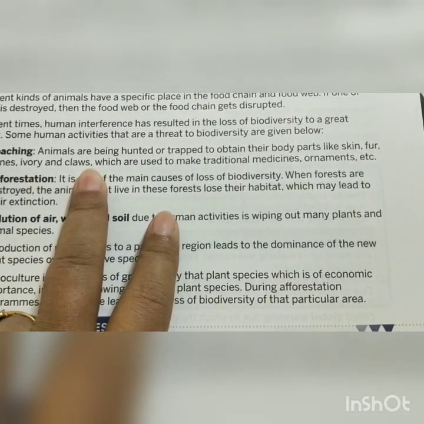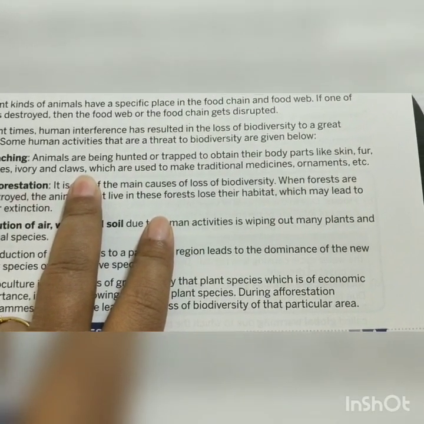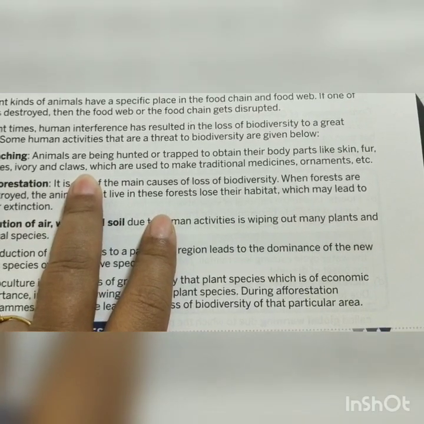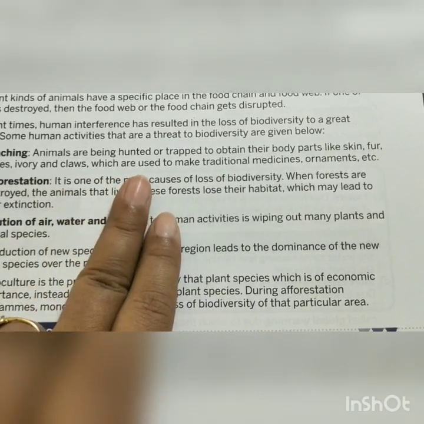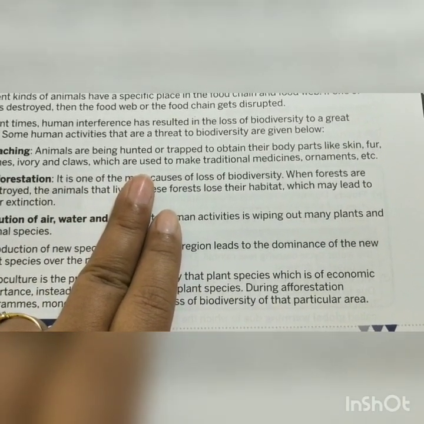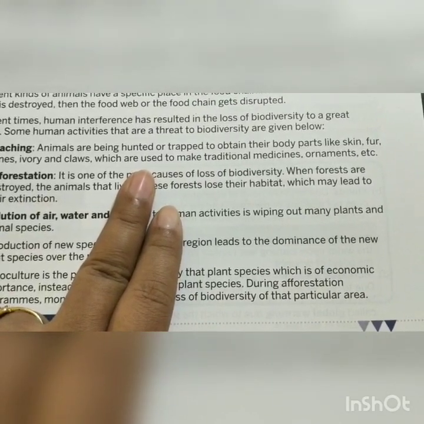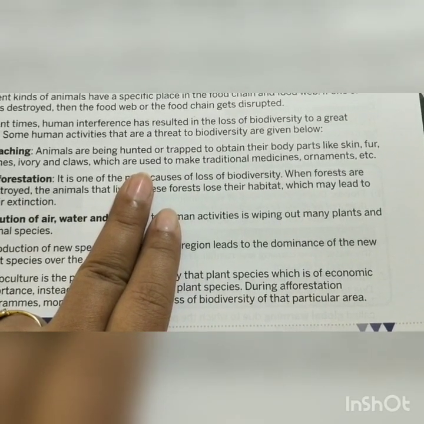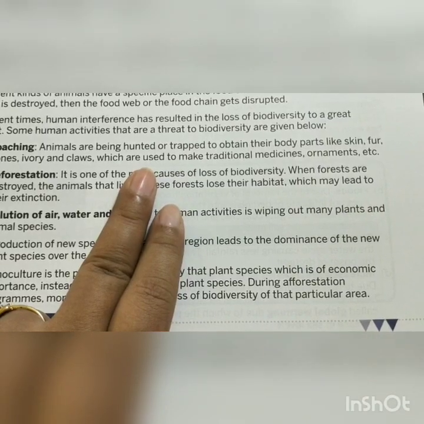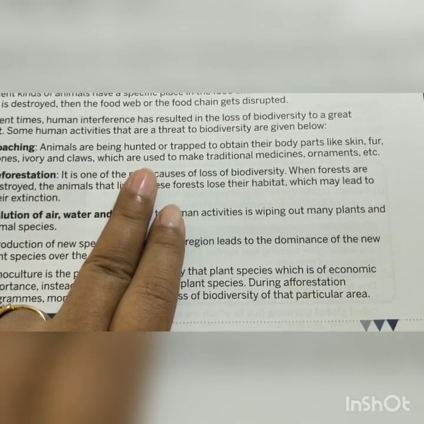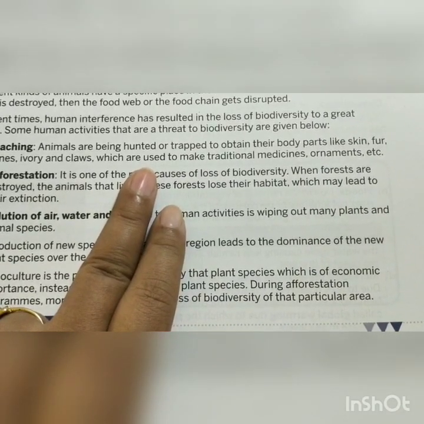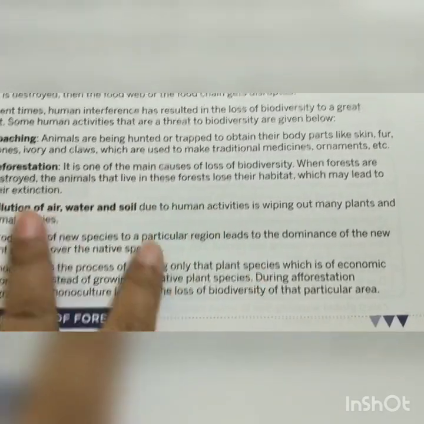They trap and hunt the animals for getting their skin, fur, bones, ivory and clothes, and they use that to make traditional medicines or ornaments, etc. So it is very dangerous for our ecosystem, dangerous for our environment, because it's destroying our biodiversity.